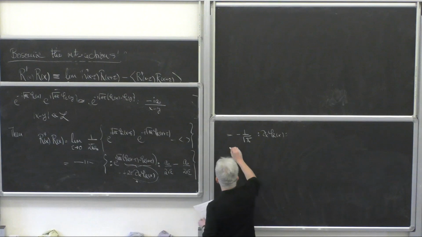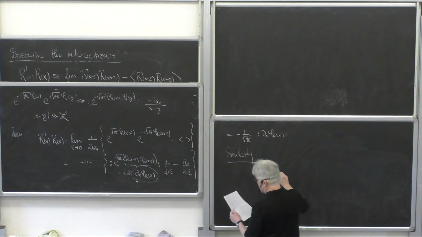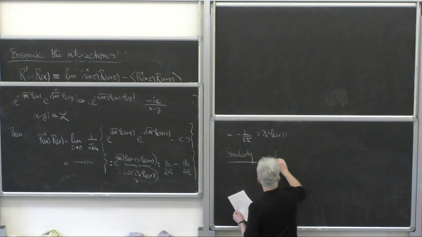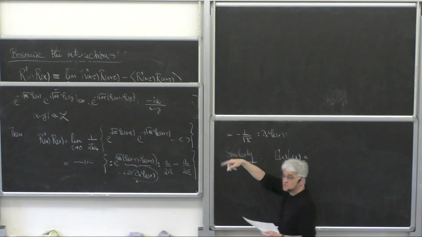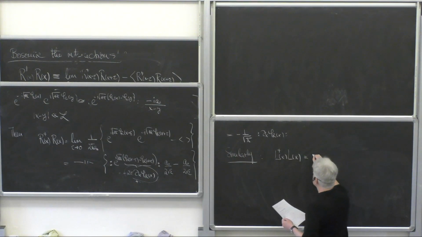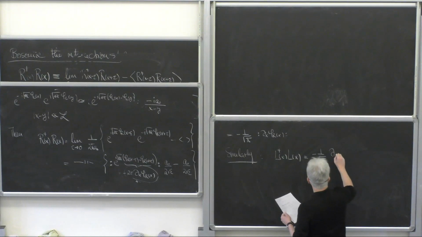So now similarly, we get left dagger of x left of x, defined in this point split subtracted way, is minus 1 divided by square root of pi d_x phi left.